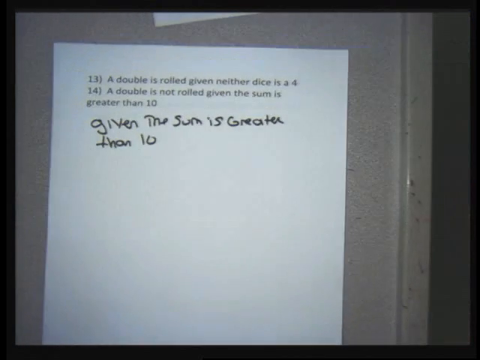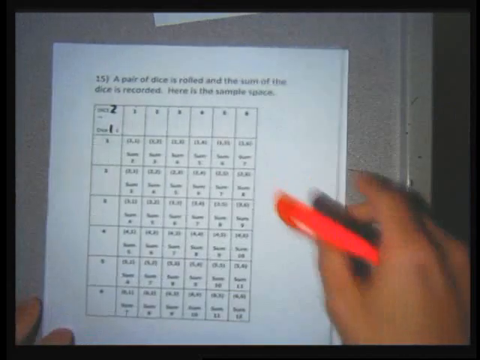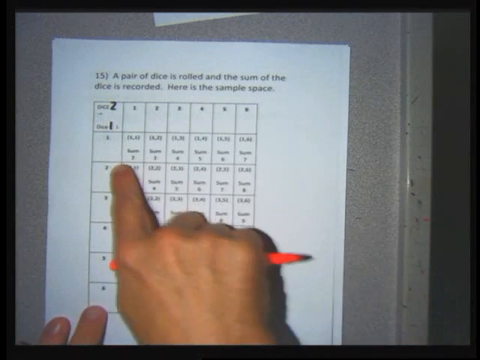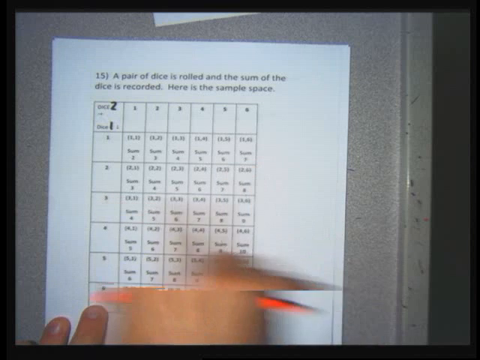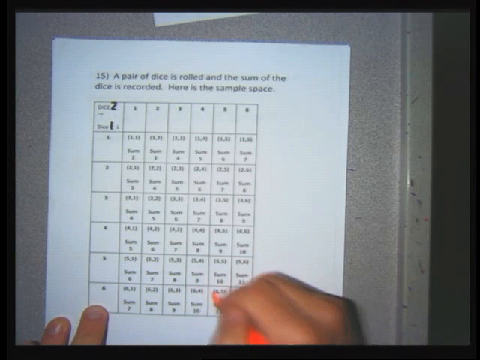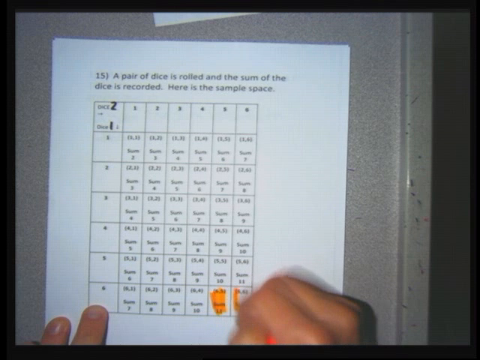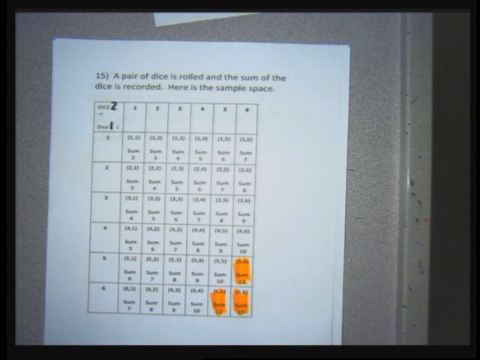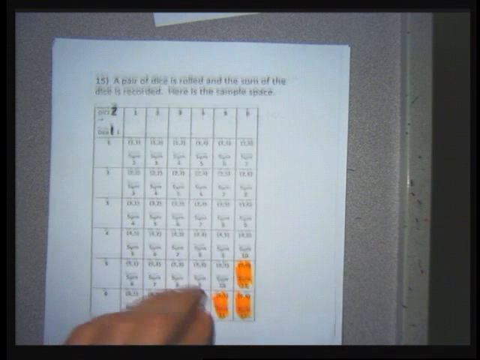greater than 10, and the only numbers bigger than 10 that are going to be relevant to me are 11 and 12. So anything here, sums of 2 through 7, 3 through 8, don't matter for being a sum greater than 10. Those are the only ones in my sample space that fit the criteria that the sum is greater than 10. So my reduced sample space is only going to have those 3 elements in it.